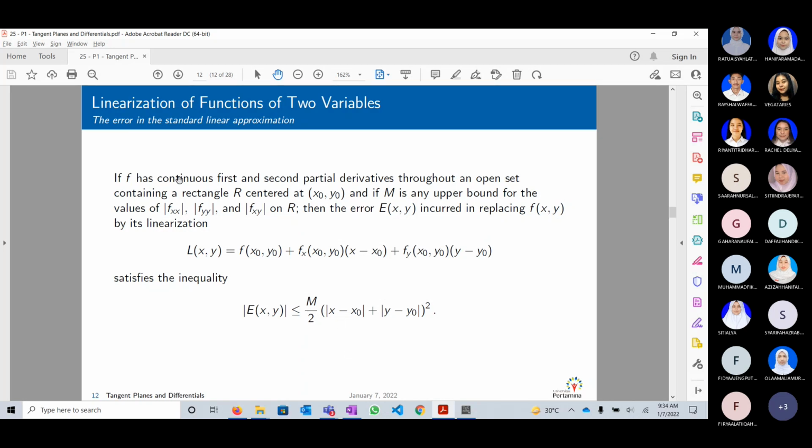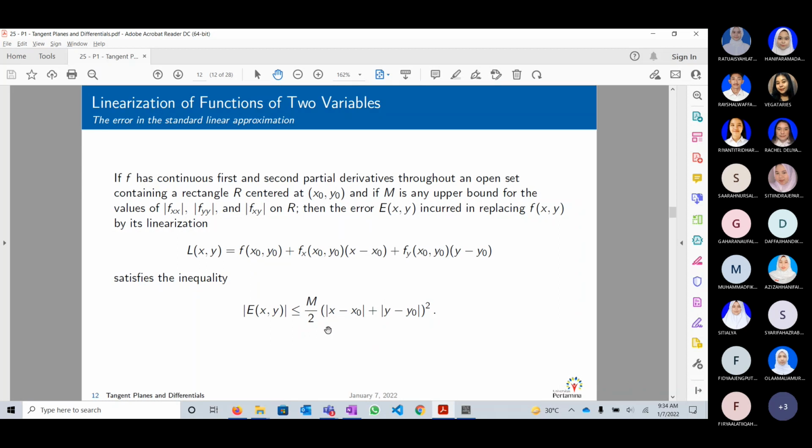So if f has continuous first and second partial derivatives throughout an open set containing a rectangle R centered at x0, y0, and if m is any upper bound for the values of these guys on R, then the error is this guy.